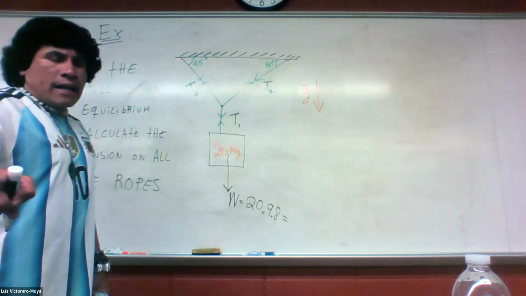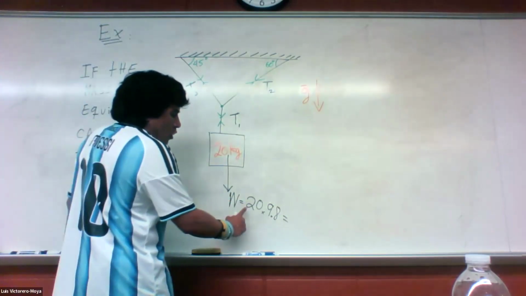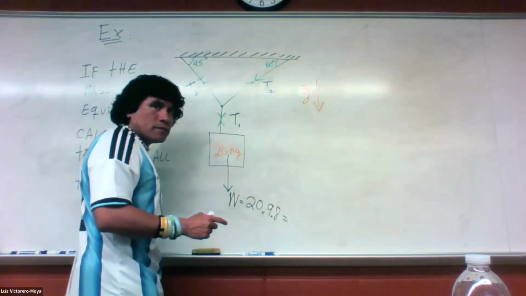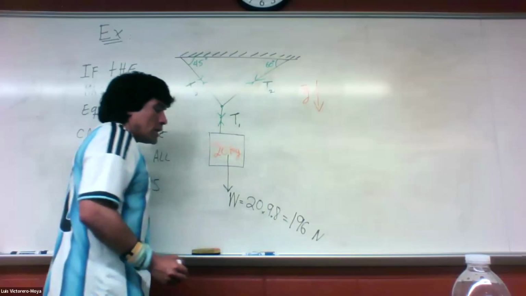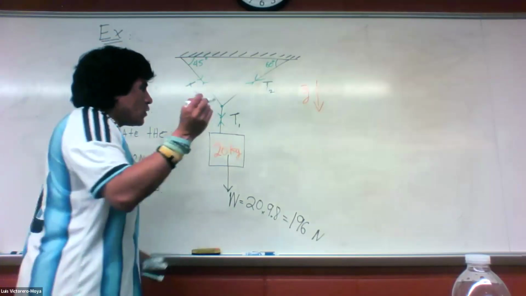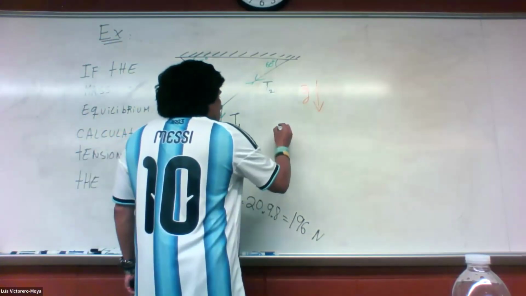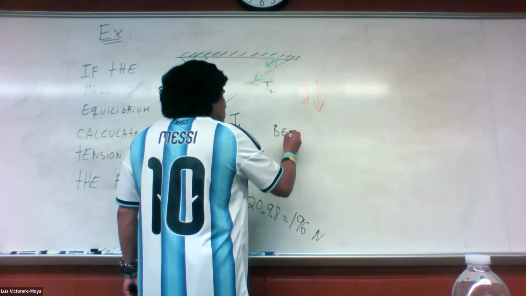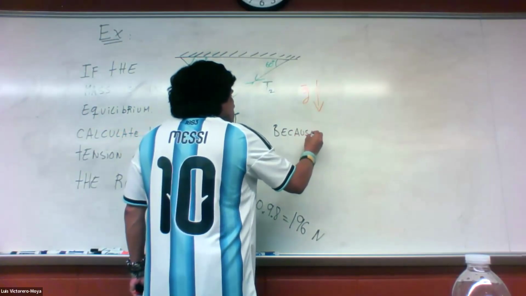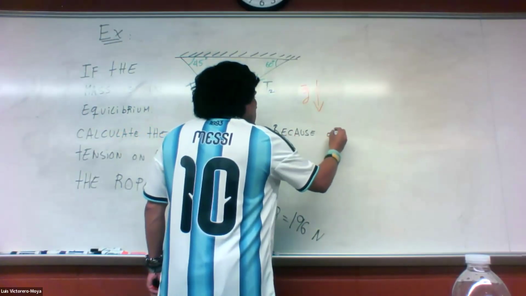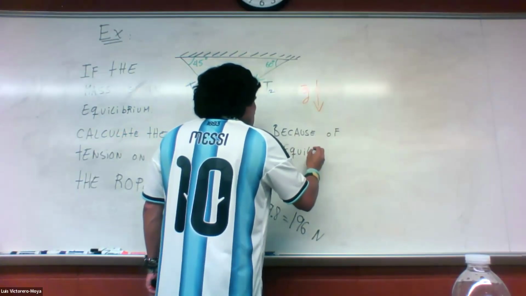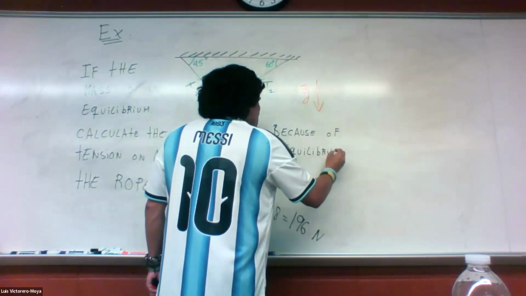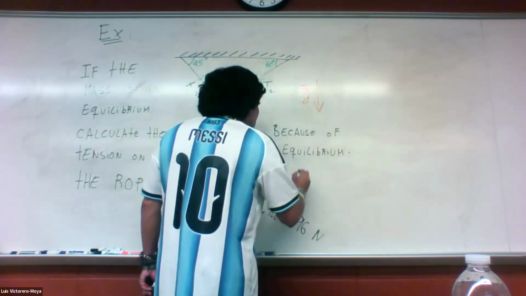Okay. Directly. Well, first of all, how much is 20 times 9.8? 196 newtons. That's the weight of this guy. So directly, because of equilibrium, what's T1?